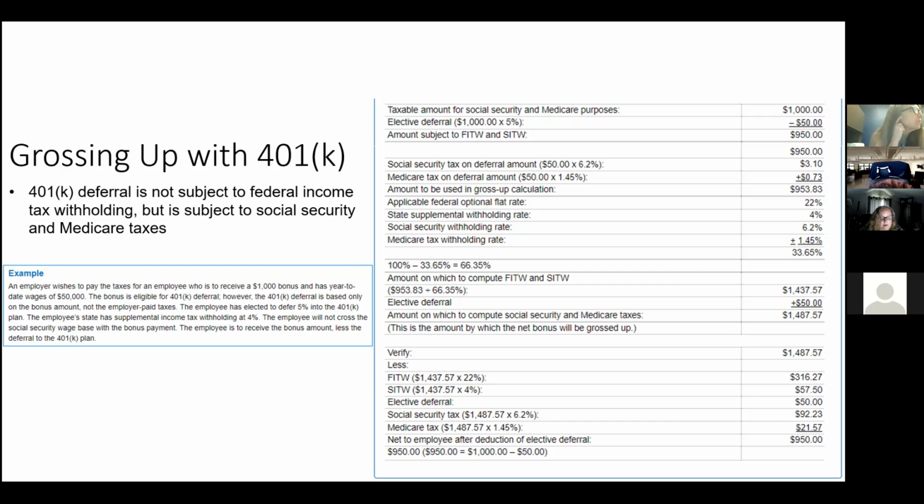Then we take out the $50 deferral. Now, our Social Security and Medicare are calculated on the full amount. And if we take our full amount and subtract all of that out, we do in fact get $950, which was what was supposed to go into the employee's pocket.